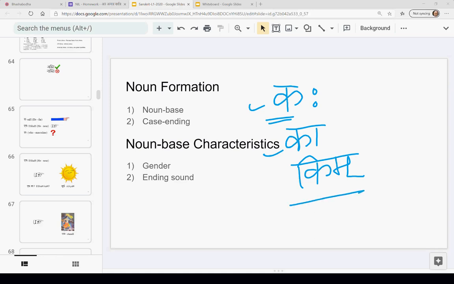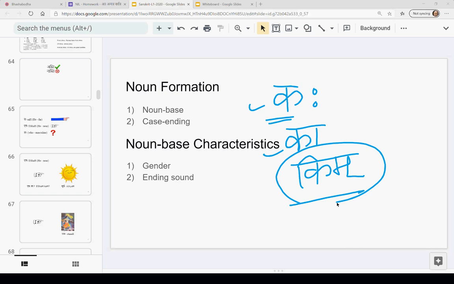Similarly, Kim. One Napunsakalinga word you can take. Kim Dwaram asti or Kim Phalam asti. So there is a fruit, and you want to ask which fruit that is. So you can ask the question, Kim Phalam asti. Now, last time Suresh's mother was saying that depending on the tone, this Kim can have two meanings.